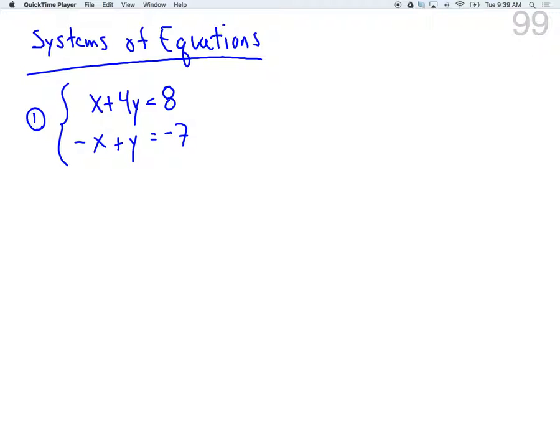If I graph the top equation, what would I get? What would it look like? You said? Oh, it would be like a line with a negative slope. That's it. All we need is, it's a line. What's the bottom equation look like? A line. A line. Excellent.